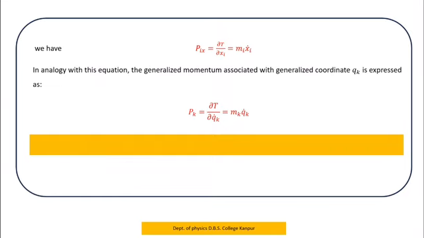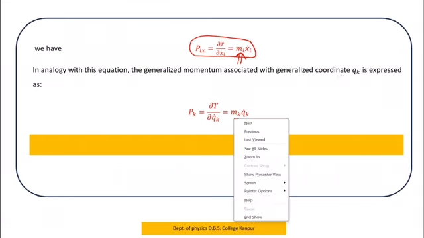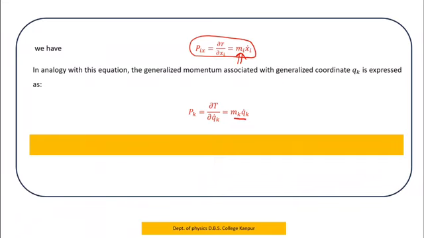So pix is equal to mi xi dot. In this way, pk is equal to ∂T upon ∂qk dot, which for generalized coordinate qk is mk qk dot. mk means mass of the kth particle and qk dot is the velocity of generalized coordinate k. This is the definition of generalized momentum.